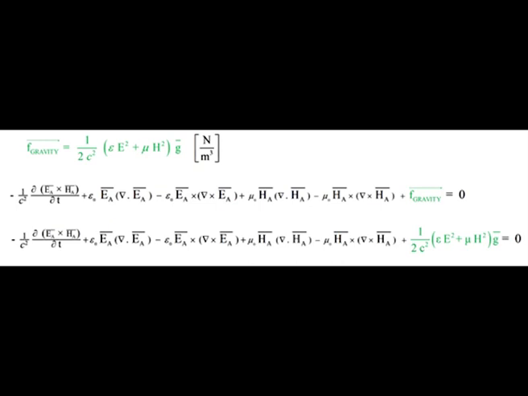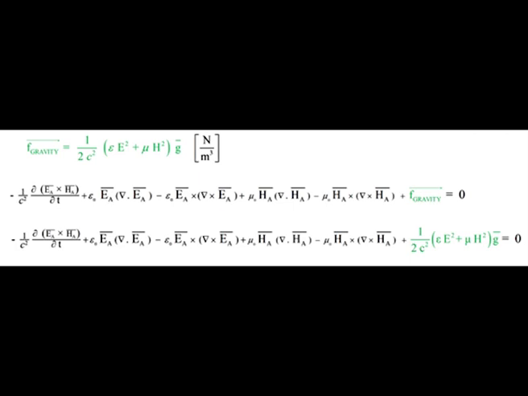When we substitute this interaction force between a beam of light and the gravitational field, indicated here in green, as F_gravity, then we get the total equation for an electromagnetic wave propagating through a gravitational field.